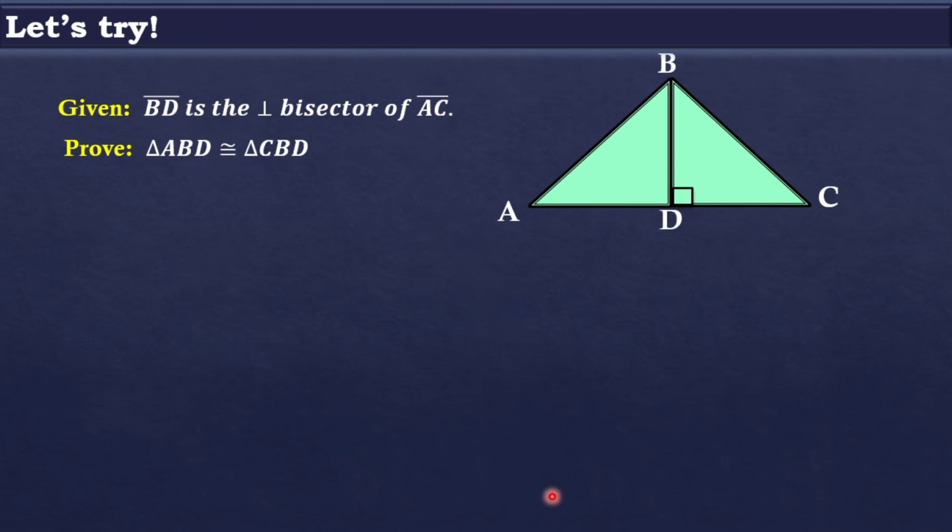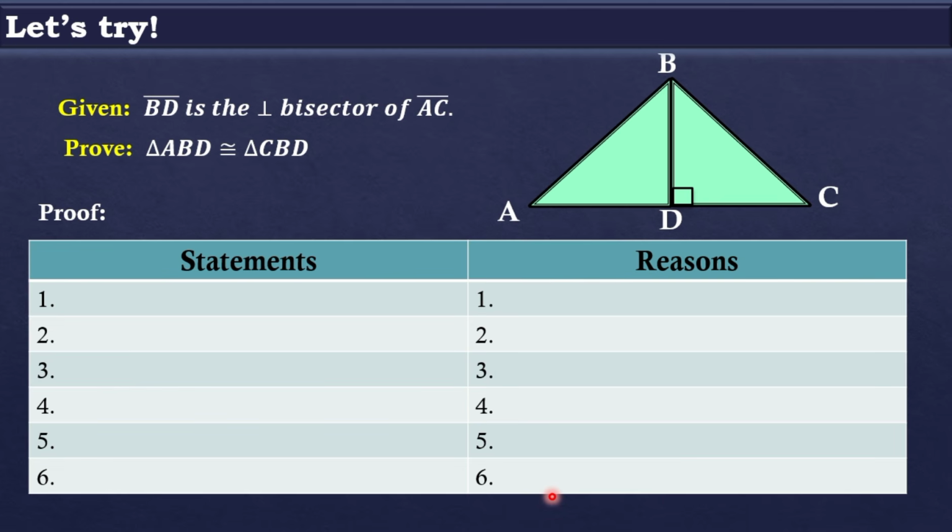We will prove that triangle ABD is congruent to triangle CBD. Based on our given, we have here a perpendicular bisector. When we say perpendicular bisector, aside from forming right angles, it also divides segment AC into two congruent segments. When we say perpendicular only, it only forms right angles. But when there is the word bisector, it means it divides this segment into two congruent segments. That is the difference between perpendicular and perpendicular bisector.